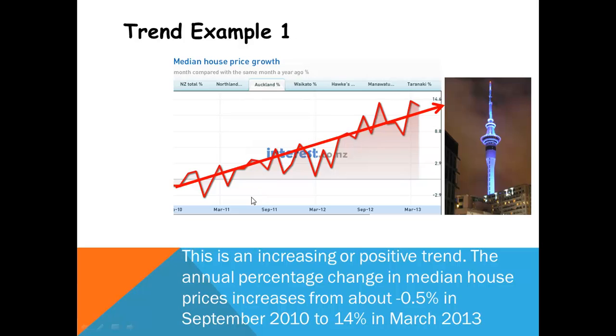The first thing I'd say is this is an increasing or a positive trend. It's not necessary to say both, but it doesn't hurt. And then I say the annual percentage change in median house prices increases from about -0.5% in September 2010 to 14% in March 2013. So that's the first trend.